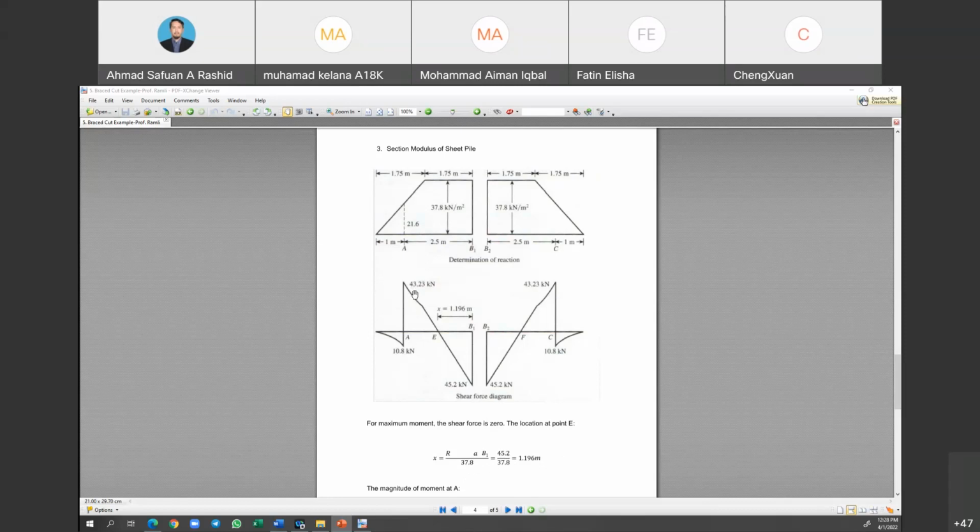Let me check first. 2.5, 2.5 x equal to 3.2 x.